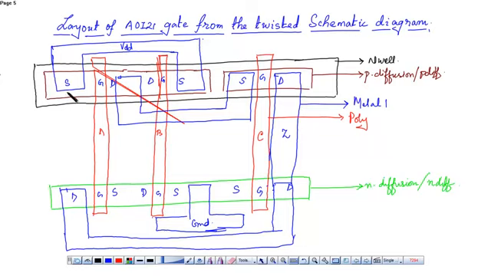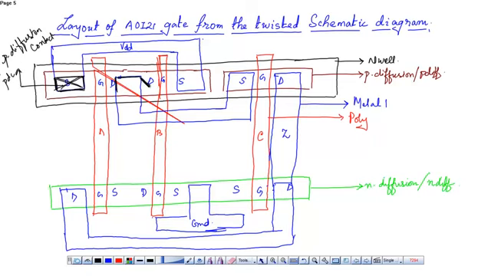Since the metal layer is connected with the P diffusion layer, there will be a contact over here. That is the P diffusion contact, or it is otherwise called PDC.